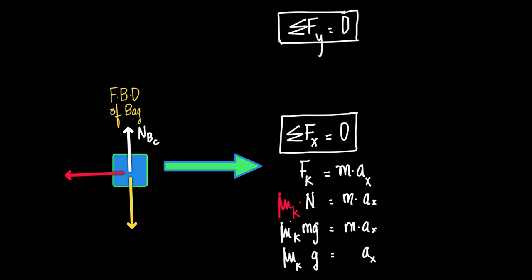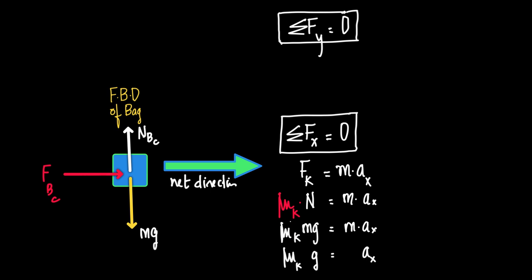The second force would be the weight of the bag, which is acting downwards. The net direction of motion is towards the right, and the only force acting here is friction, which is acting in the same direction. So this is friction acting on the bag due to the conveyor.